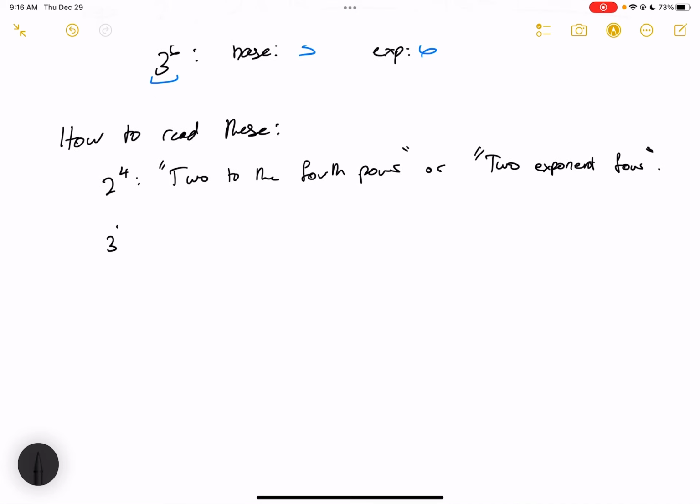Next, with a 2 as your exponent, things get a little bit different because we do have an alternative way of reading it, and we're going to use it frequently. For example, here we could mimic what we've done previously by saying 3 to the 2nd power, or 3 exponent 2.